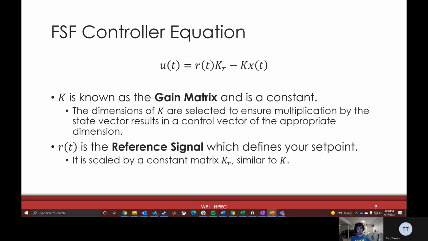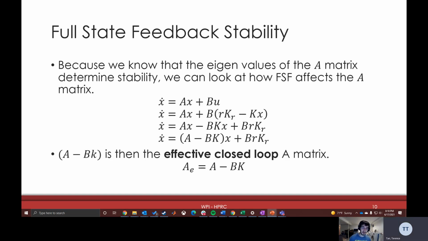But yeah, continuing on. If you remember from earlier in the slides, we know that the stability of the system is determined by the A matrix. So we can actually look at how FSF affects that. Here we can see a quick derivation where we have our system dynamics, and then we substitute in the FSF control equation, U equals RKR minus KX.